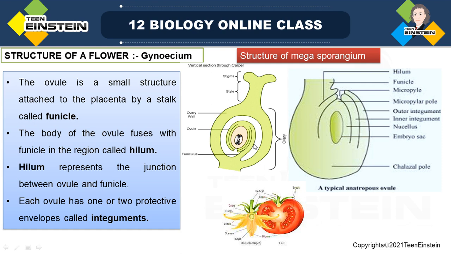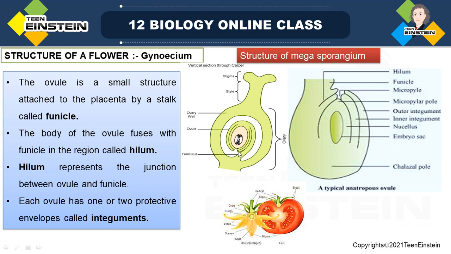In some diagrams you can see the ovule attached to the placenta by a stalk, and that stalk is called the funicle or funiculus. So the ovule which is attached to the placenta by a stalk-like structure is called the funicle or funiculus.